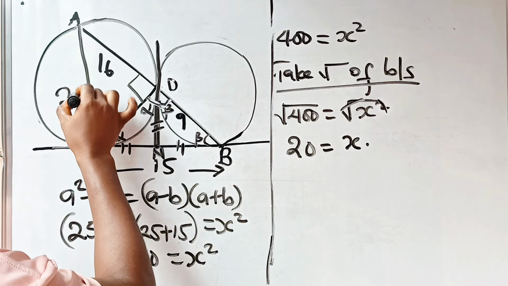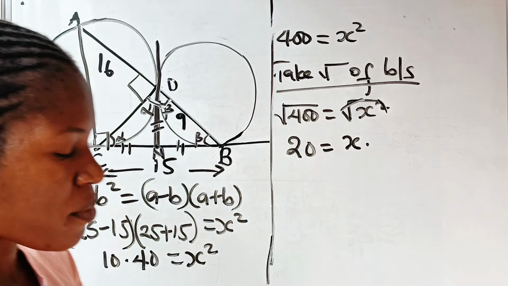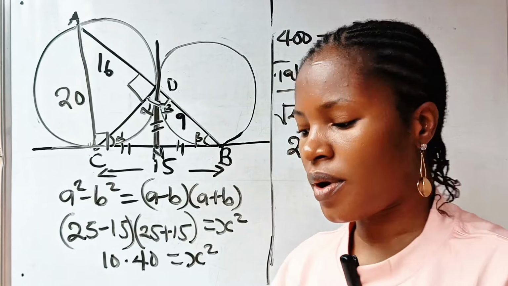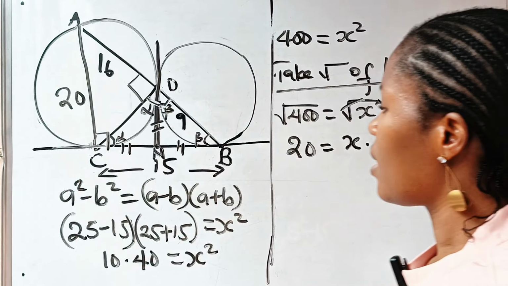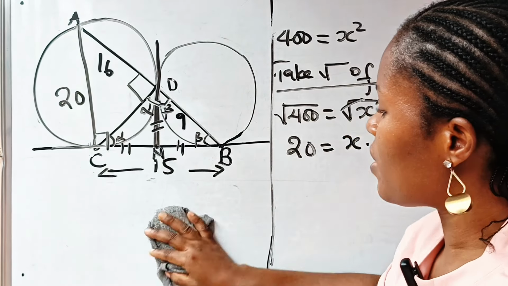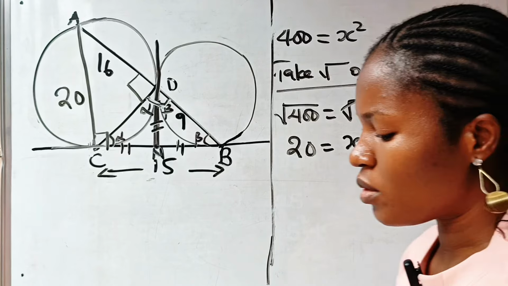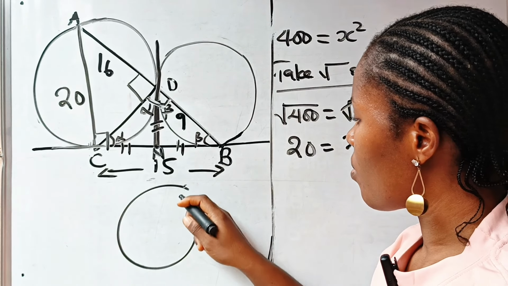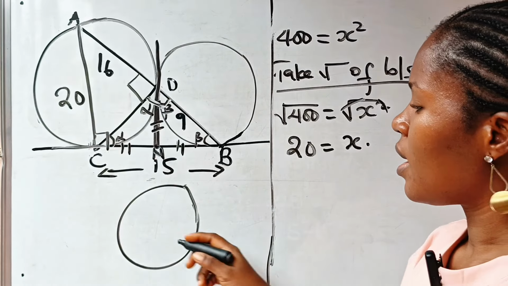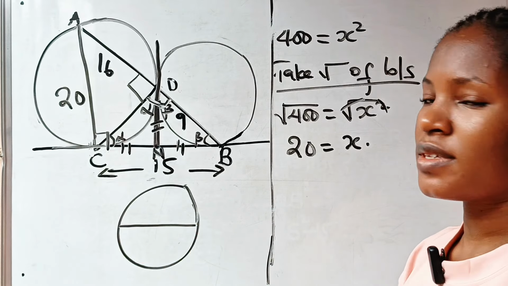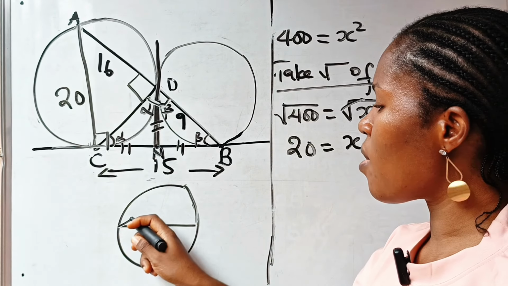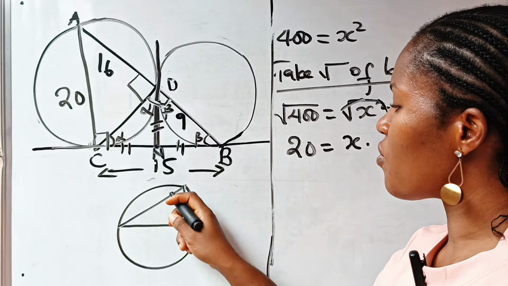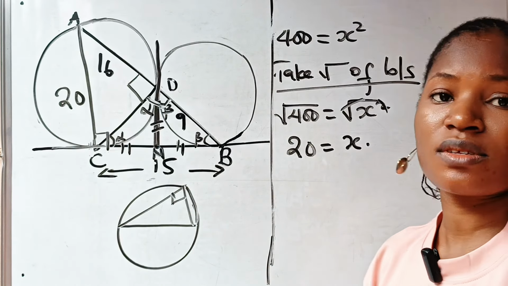Now why am I getting the value of our X? So here is 20. I want us to remember this theorem about a circle. This circle theorem states that if you have a circle and this is the diameter of the circle, the angle formed by the diameter on the circumference will always be 90 degrees.